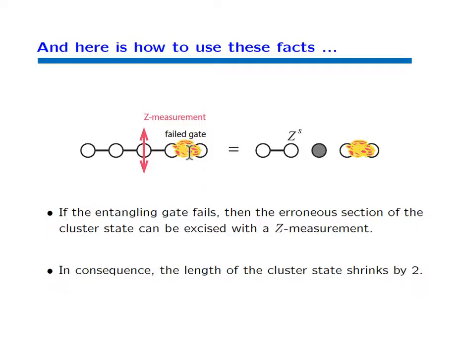If you think about it that way, it's clear what happens. The measurement of sigma z splits the cluster in two. The left and the right become disentangled, and now what subsequently happens to the right part of the cluster will not affect the left part of it. So this is the explanation, and let's now analyze the consequences.